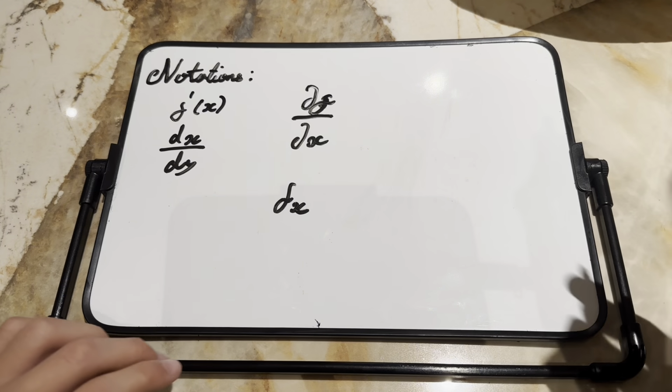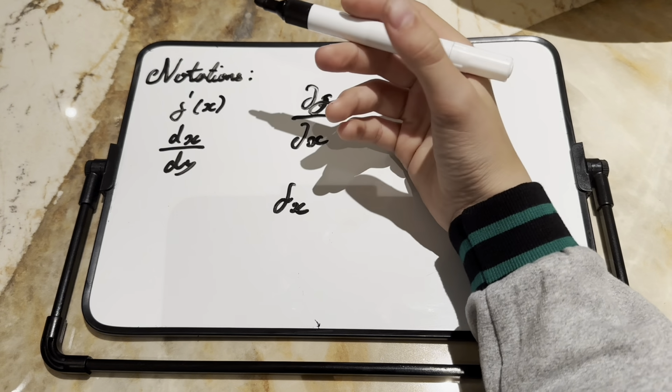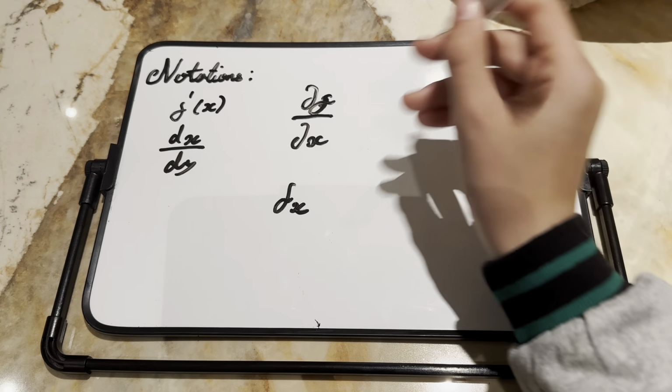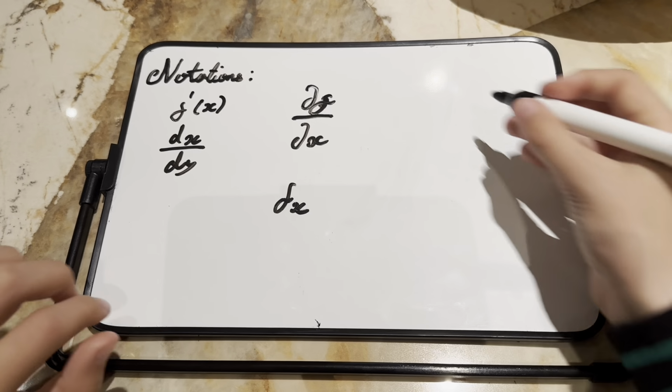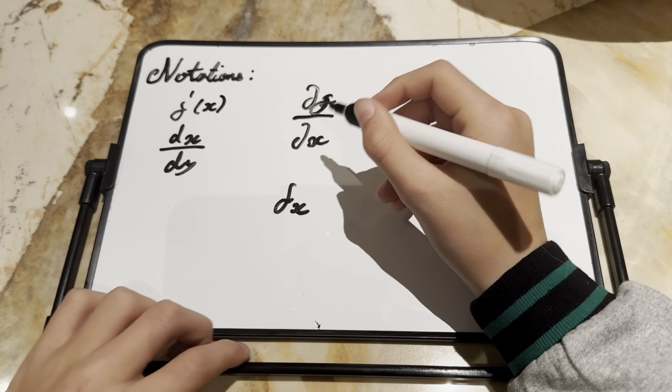So let's talk about notations. You might remember these from standard Calc 1 and 2: f prime of x, dx over dy. And now let's talk about the partial derivative ones.